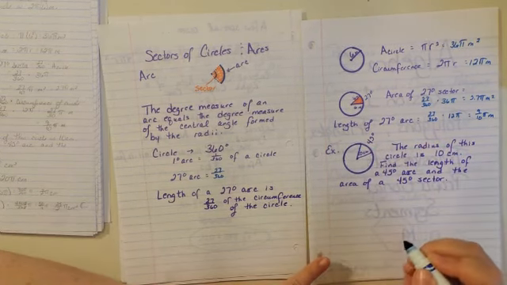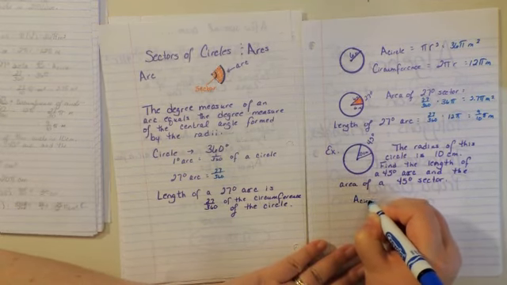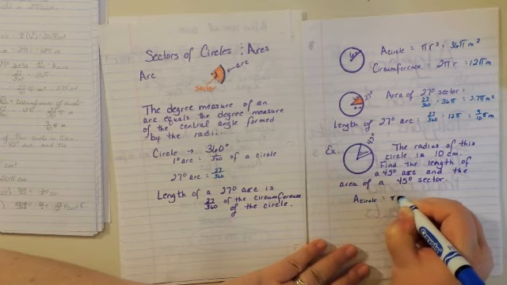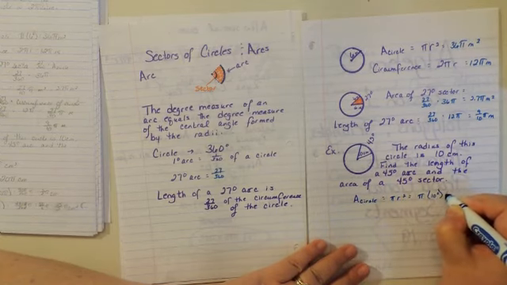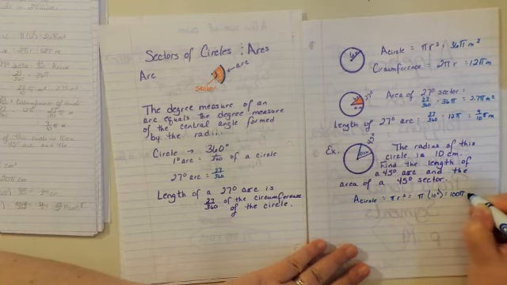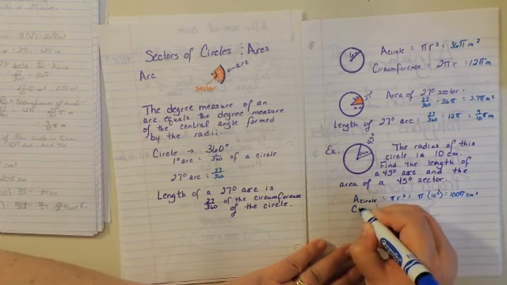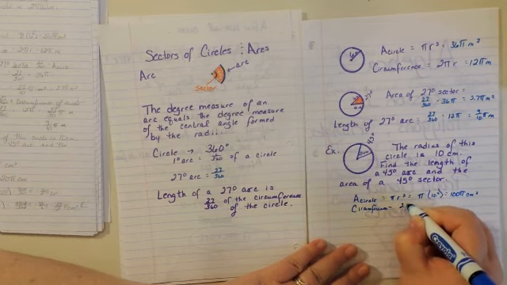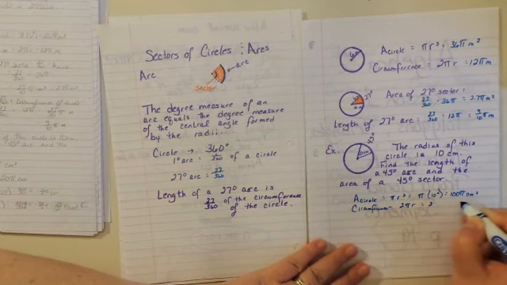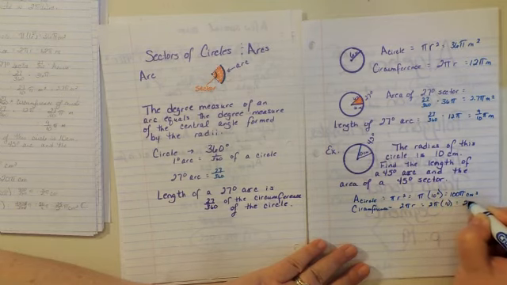Okay, so the area of the circle is pi r squared, which is going to be pi times 10 squared, which is 100 pi centimeters squared. The circumference of the circle is 2 pi r. It's going to be 2 times pi times 10, which equals 20 pi centimeters.